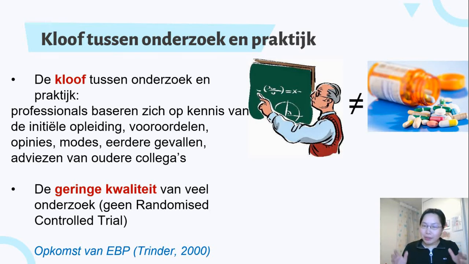We have talked a lot about evidence-based research, and we say that the randomized experimental design is always the best, most reliable way for us to collect the data, to collect the evidence. Randomized controlled trial, the RCT. However, in practice, there is very little research using randomized controlled trials.